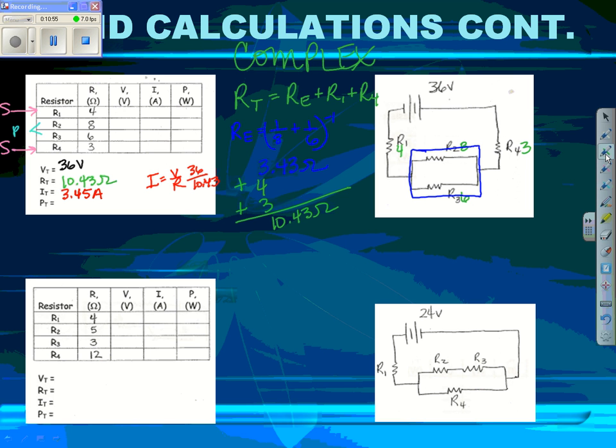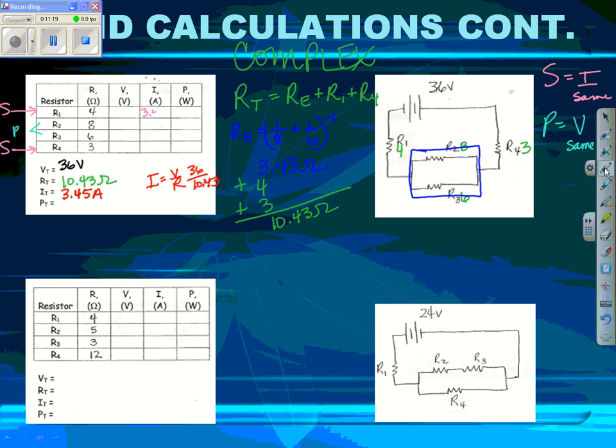Now remember, for series, the I is the same. And then for parallel, the V is the same. So if that's the case, I've now found my total current. So I can plug that in everywhere I have a series circuit.